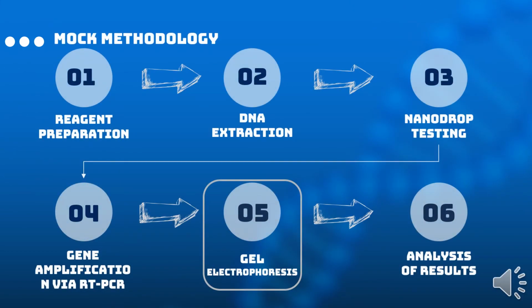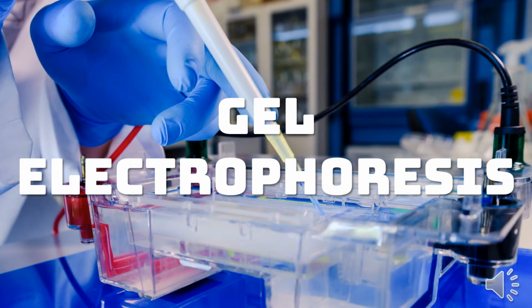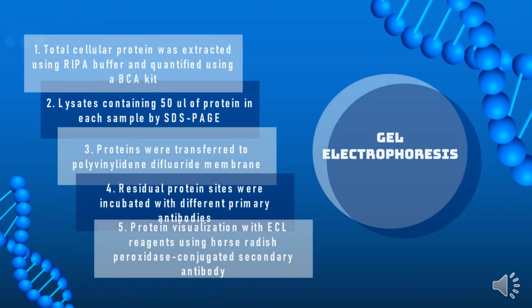Next, for our mock methodology is the number 5, which is gel electrophoresis. For gel electrophoresis, the total cellular protein was extracted using the RIPA buffer and then quantified using BCA kit.